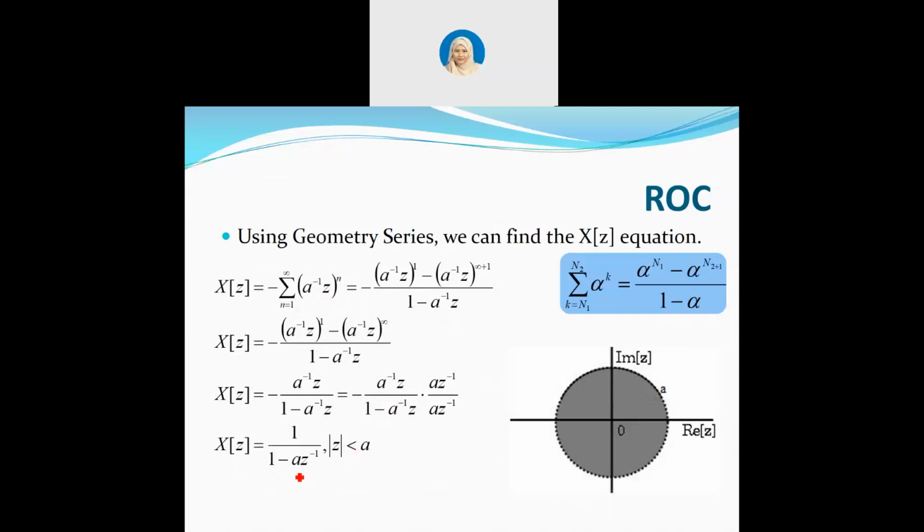This is the same as in example 1, except now the ROC is less than a. Our pole is at a, but now our ROC is inward.